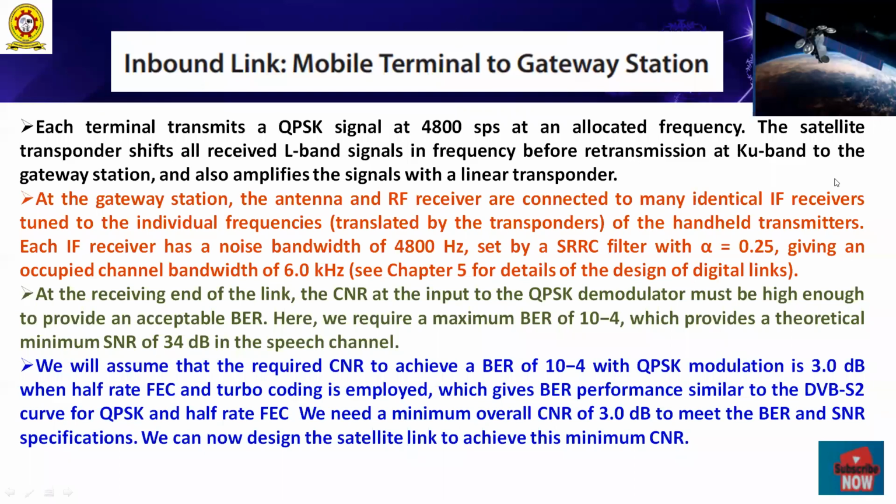These IF receivers are commonly connected to their individual frequencies, for example the transmitters. And all these individual IF receivers have a noise bandwidth. For example, in this case, the noise bandwidth equals 4800 hertz.